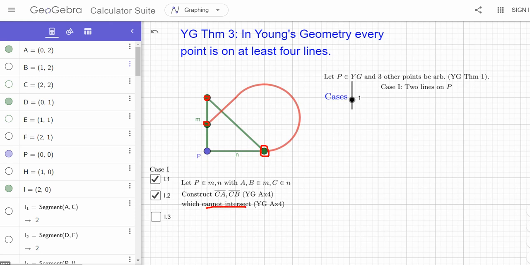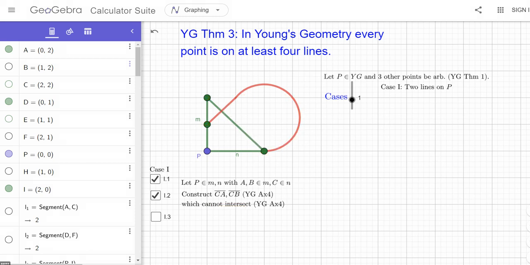Why is that true? Well, if they had an intersection point, say this was an intersection point, now there would be this line that connects C and this intersection point plus this one, right? So we would have 2 lines that connect the same 2 points, and that would be a conflict with the axiom that says every pair of points is connected by a unique line.